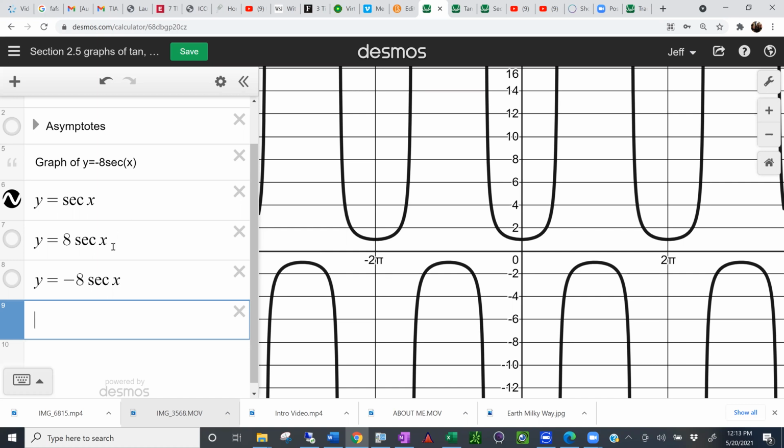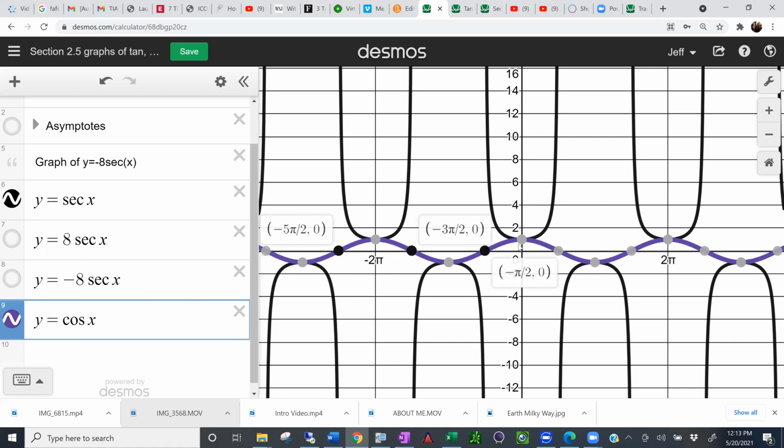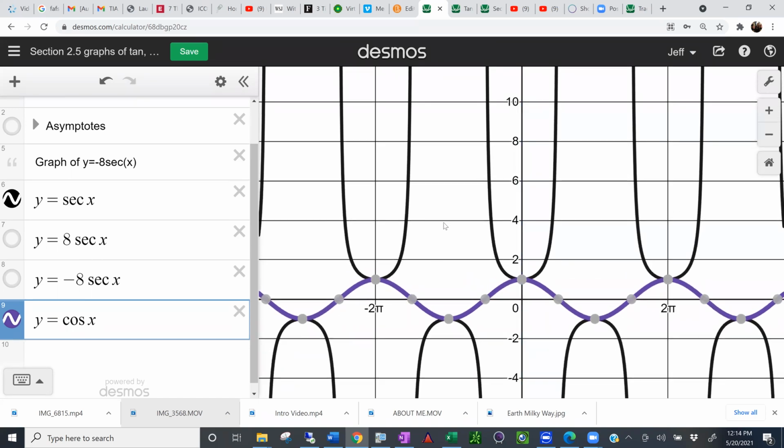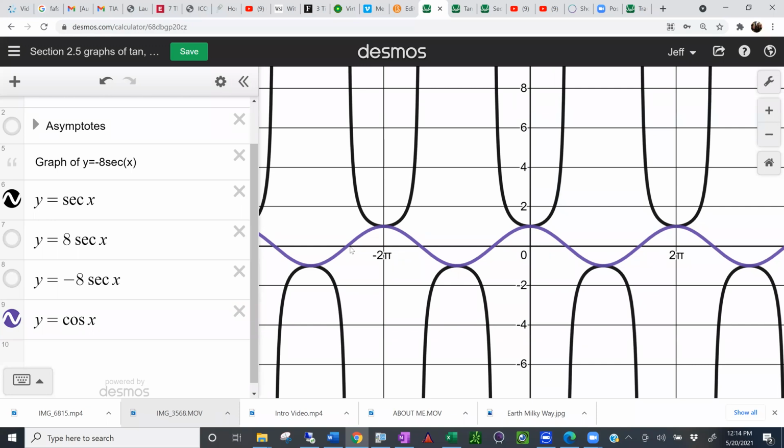And these vertical asymptotes are going to be places where the graph of the cosine is 0. So let me type in y equals cosine of x. And wherever the cosine is 0, that's where you're going to have a vertical asymptote for our graph. And let me just kind of zoom out a little bit on that maybe. That looks a little bit better.